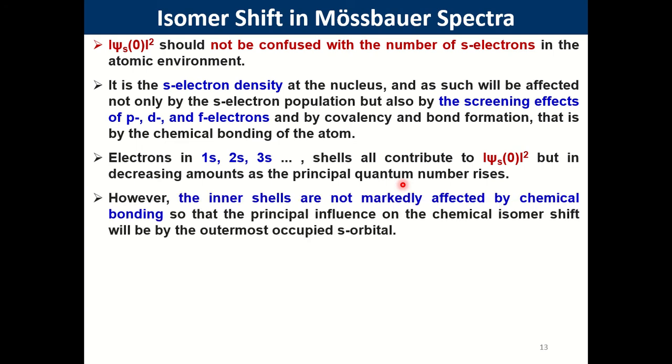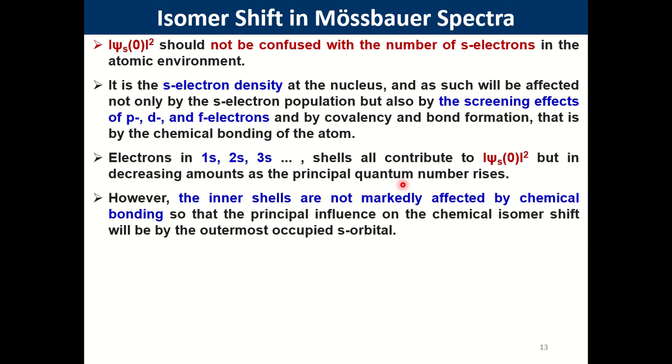So when you are considering the effect of bonding, the inner shells, for example, we are considering iron here as an example. So the third shell is our valence shell. So the first and second shell electrons, the s electron density won't be that much affected in different bonding situations.